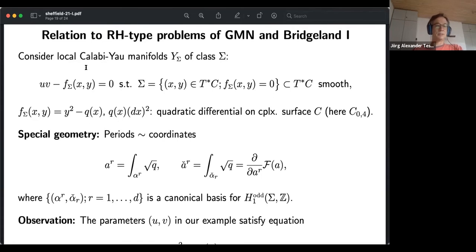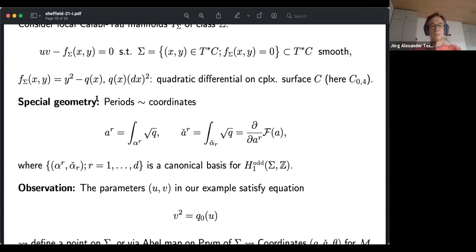Then we use F sigma to define one equation for four complex variables, thereby defining a threefold. That is just a reminder of what Andy has been discussing.